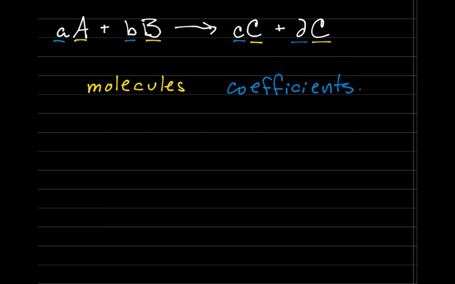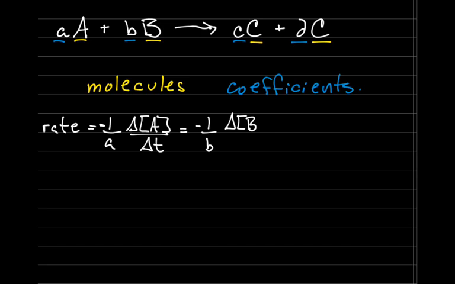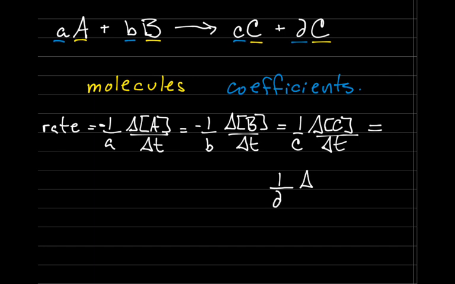So a general formula for figuring out rate would be rate equals negative 1 over coefficient A, change in concentration of A over change in time. That's negative because it's a reactant. That equals negative 1 over the coefficient B, change in the concentration of B over change in time, equals positive 1 over the coefficient C, change in the concentration of C over change in time, equals 1 over coefficient D, change in concentration of D over change in time.